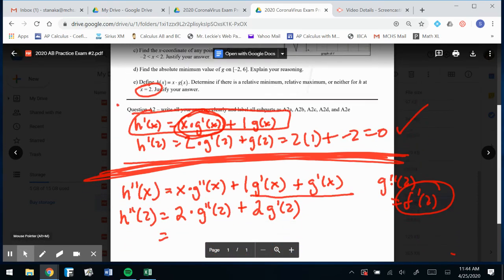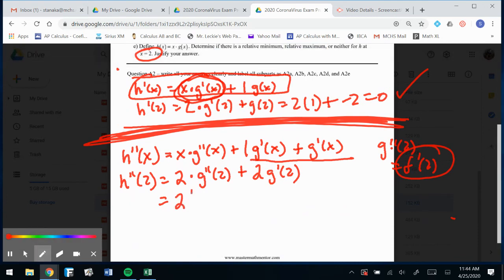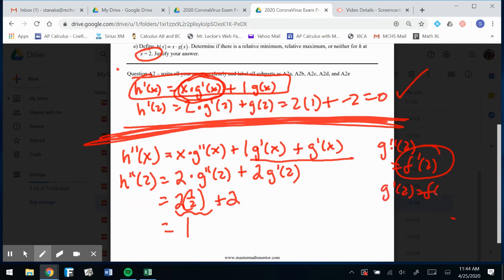And the slope at x equals 2 is 1/2. I got that just by looking at the slope up there. What is g prime of 2? We did that earlier, right? g prime of 2 is just f of 2, and f of 2 is just the value up there. If I do that, I get 3, which is positive.